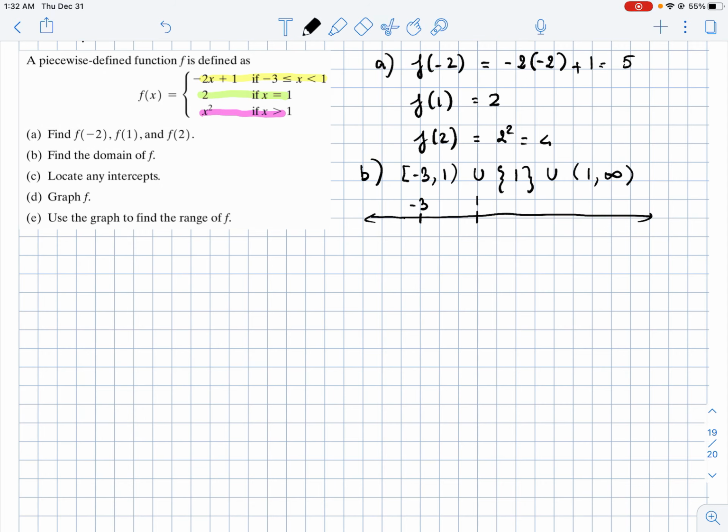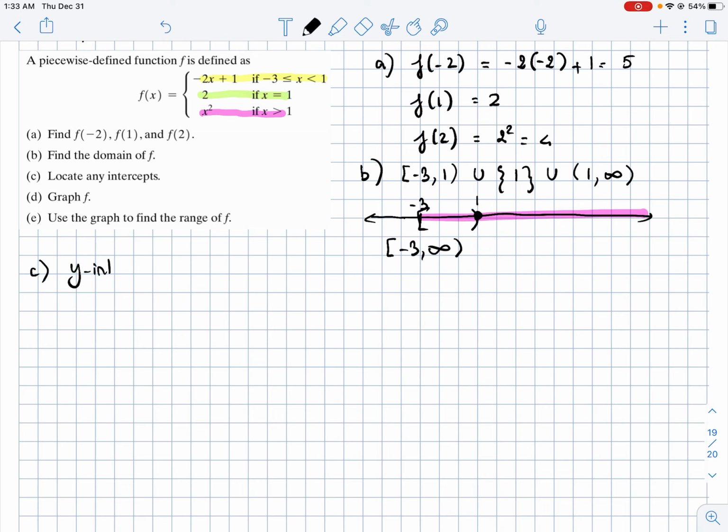So this is from negative 3 to 1, and then the second piece is 1, and then the last one is from 1 to infinity. So the domain is from negative 3 to infinity. We combine the domains of the 3 pieces.